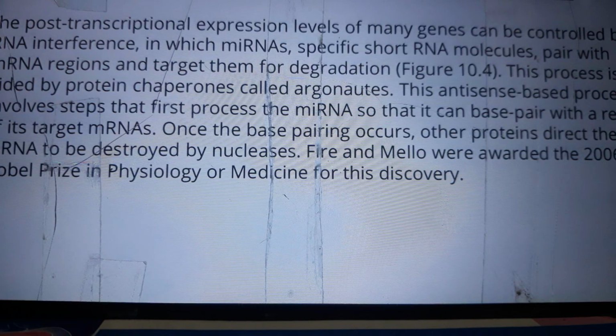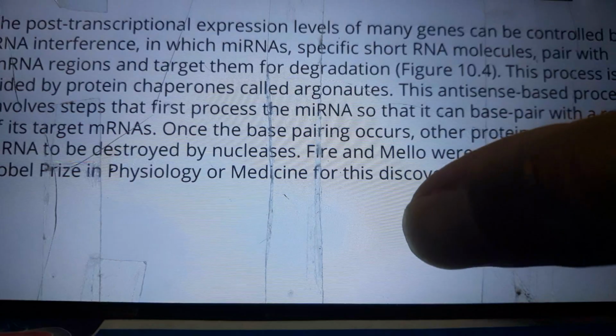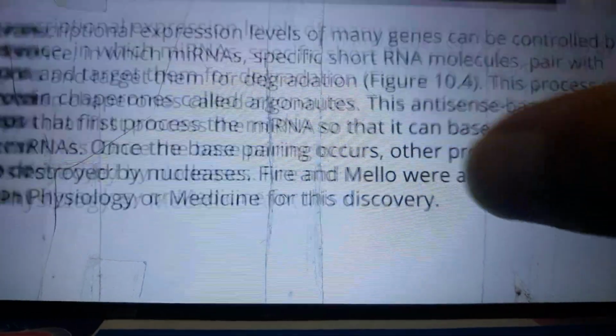This antisense-based process involves steps that first process the miRNA so that it can base pair with a region of its target mRNAs. Once the base pairing occurs, other proteins direct the mRNAs to be destroyed by nucleases. Fire and Mello were awarded the 2006 Nobel Prize in Physiology or Medicine for this discovery.